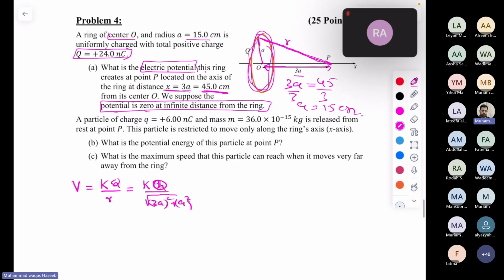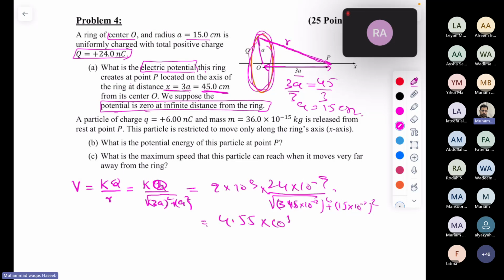So when we substitute the values, k is 9 into 10 to the power 9, and q is 24 into 10 to the power minus 9, and this value is 3a, which is 45, and a is 15 into 10 to the power minus 2 squared plus 15 into 10 to the power minus 2 squared. So we will get the potential at point P, which is 4.5 into 10 to the power 2 volt.